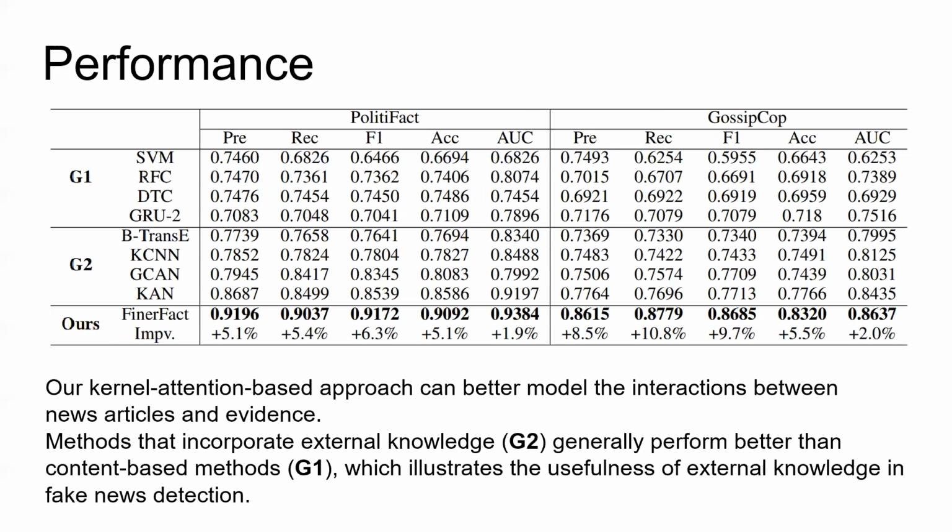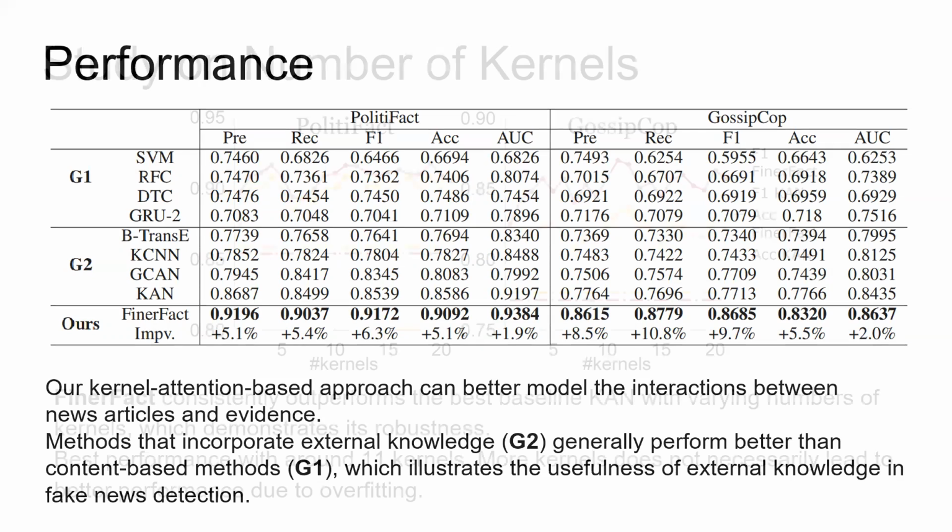We can see that our kernel attention-based methods consistently perform better than the two groups of methods. We also observed that methods that incorporate external knowledge, which fall under G2, are better than those that only use the content, which are G1. This illustrates the usefulness of external knowledge in fake news detection.